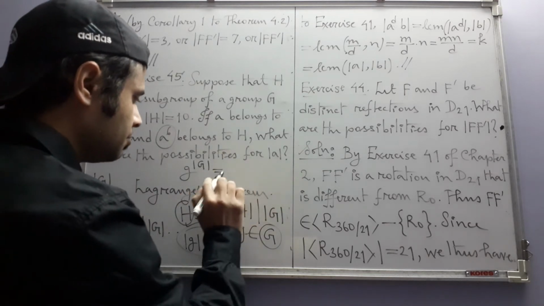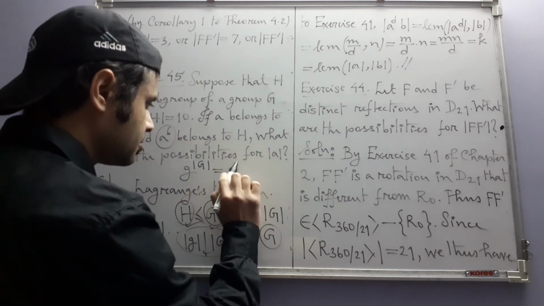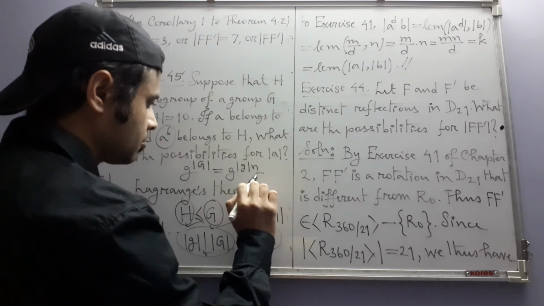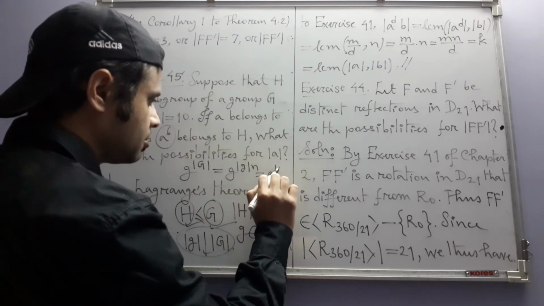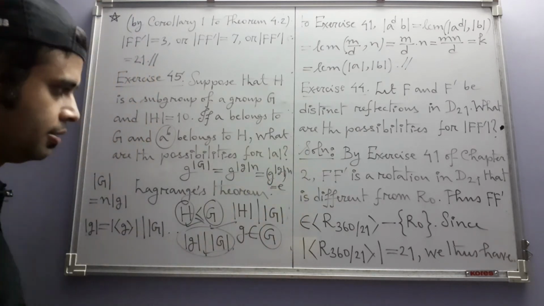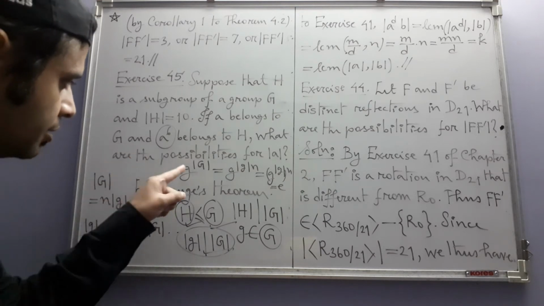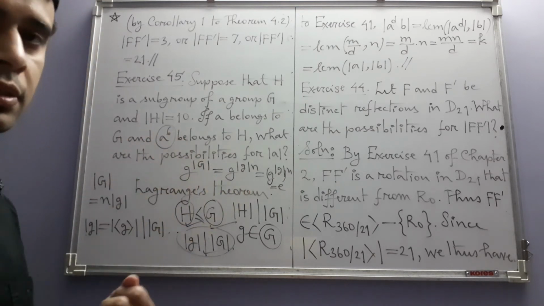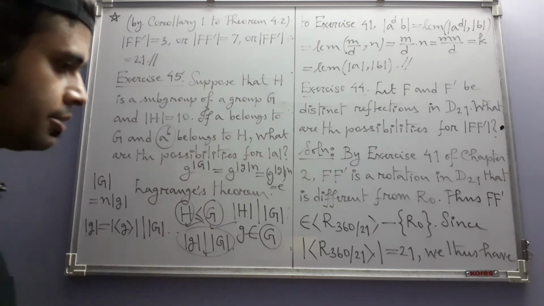So you will be able to write it like this. And then you use the rules of exponent and you can see that this becomes the identity. Now if one uses this, then this exercise is very easy. Let us see how.